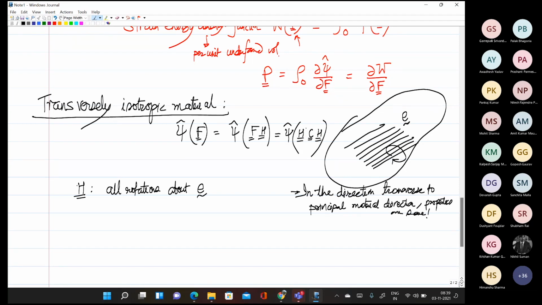And to be more rigorous, actually, we should say H transpose C H, but it's the same.